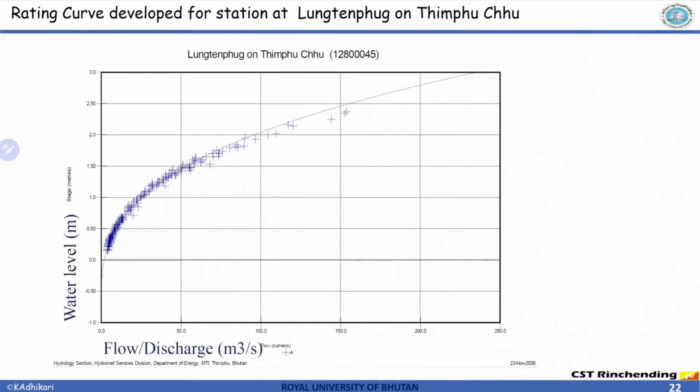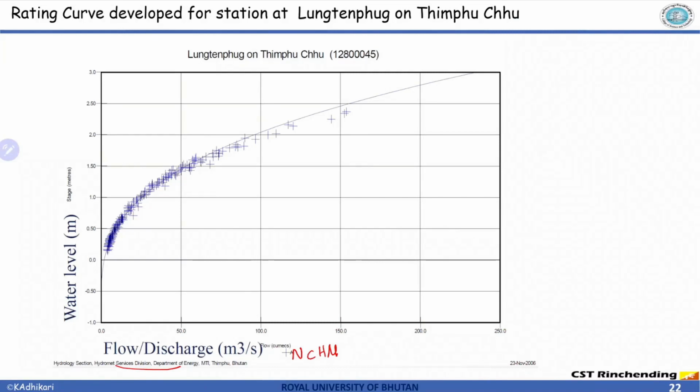Okay, now as an example, you can see this is the rating curve developed by what was initially known as Hydromet Services. Now we call it the National Center for Hydrology and Meteorology, NCHM. Initially it was Hydromet Services. These people do hydrometry, so they are responsible for the hydrometry work. They have plotted the rating curve.